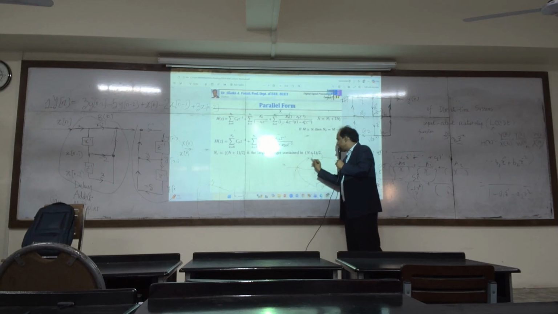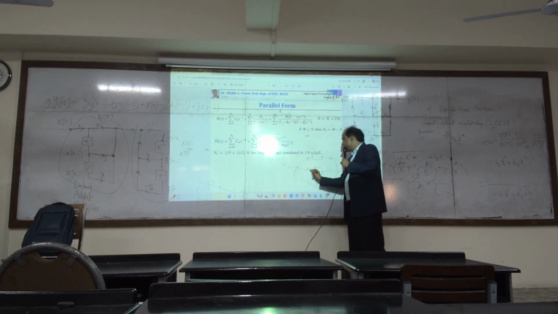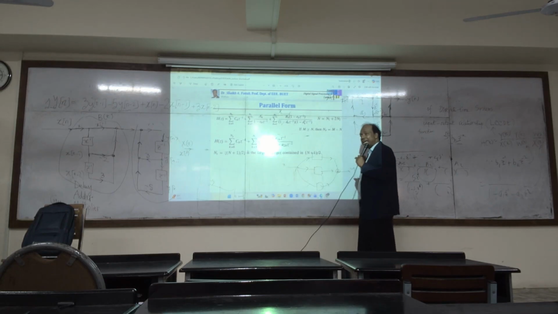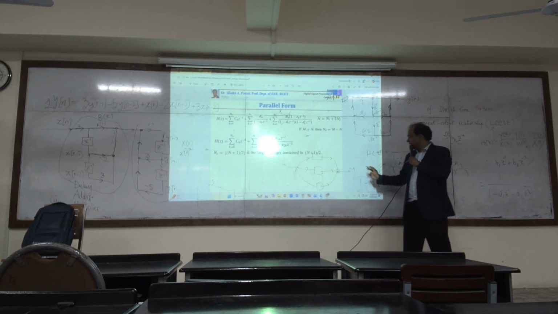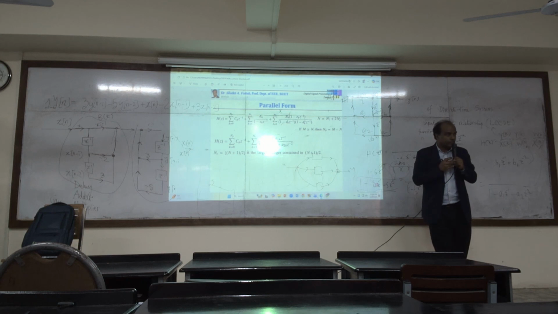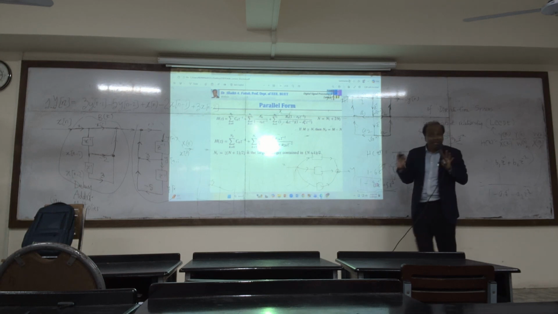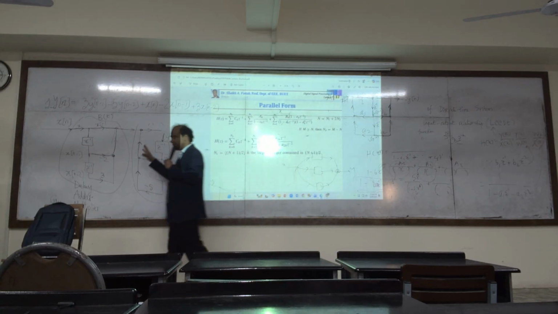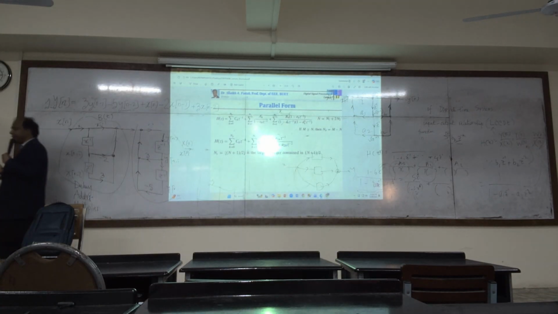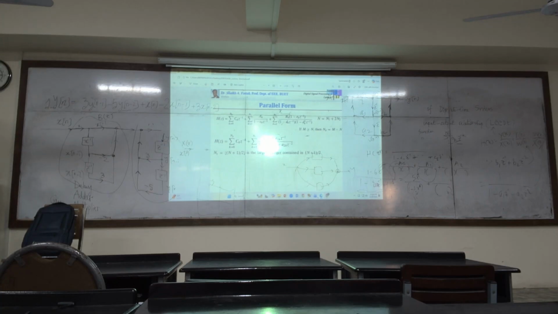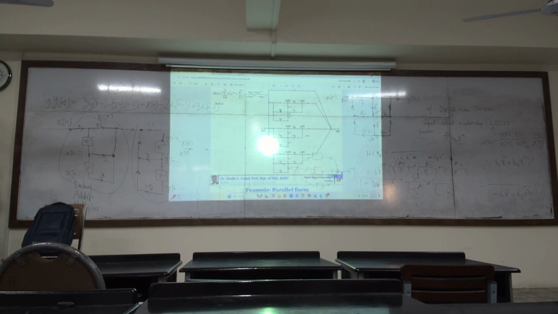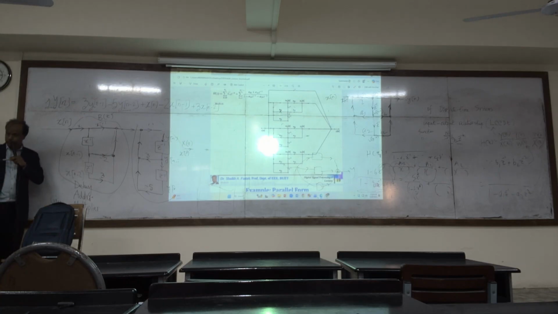This x will go here, output; x will go here, output; x will go here, output. All together you have to add, then we get y. Is this clear? Parallel means you have to do the partial fraction. Once you have the partial fraction, all these blocks, with a constant term, you have to implement in parallel like this.